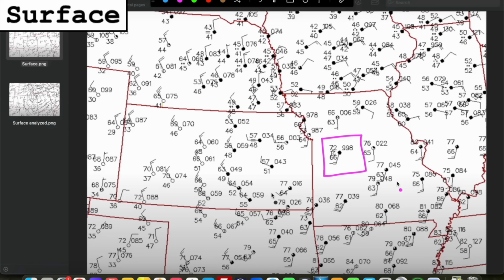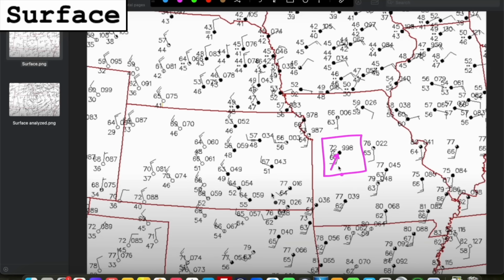The wind barbs work just like the wind barbs in the upper levels of the atmosphere. The intensity of the wind is given by the flags and staffs. Again, a flag is worth 50, a full staff is worth 10, and a half staff is worth 5. So this would be a 15 knot wind. And the direction, again, is given by going through the flags toward the center of the station.